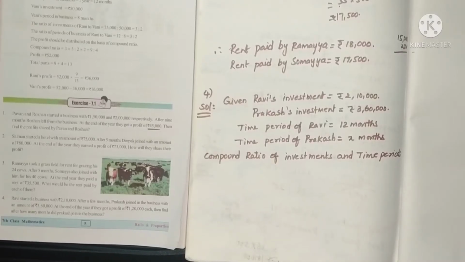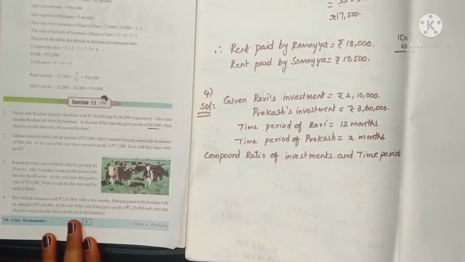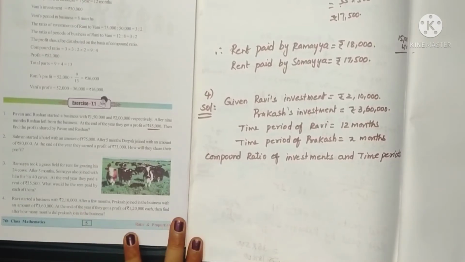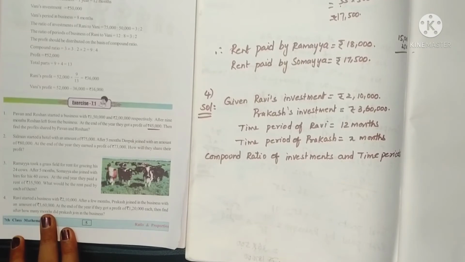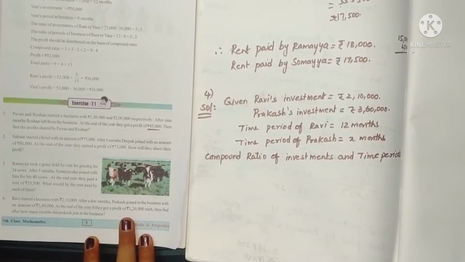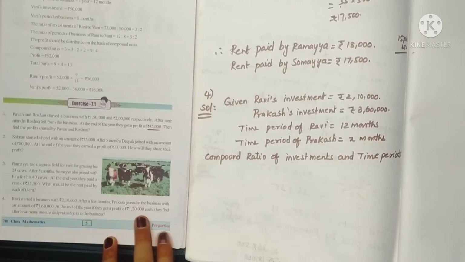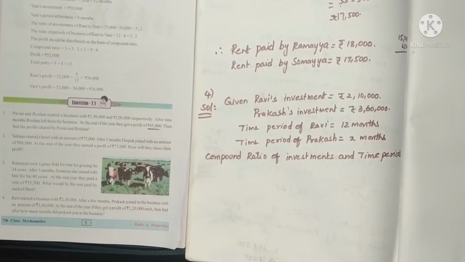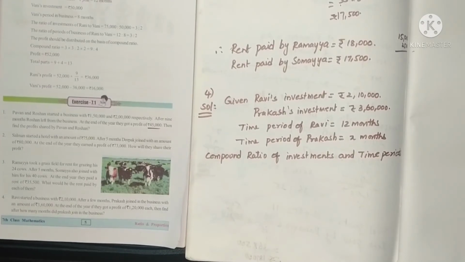Next, fourth problem. Ravi started a business with 2,10,000. After a few months, Prakash joined in the business with an amount of rupees 3,60,000. At the end of the year, if they got a profit of this 1,20,000 each, then find after how many months did Prakash join in the business.